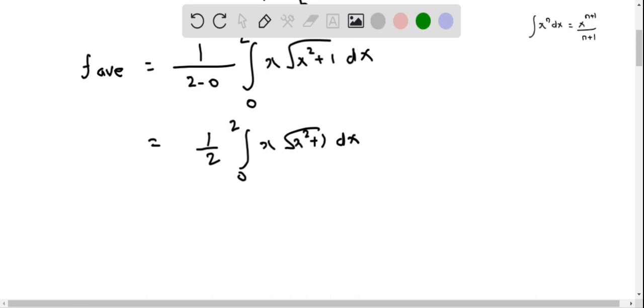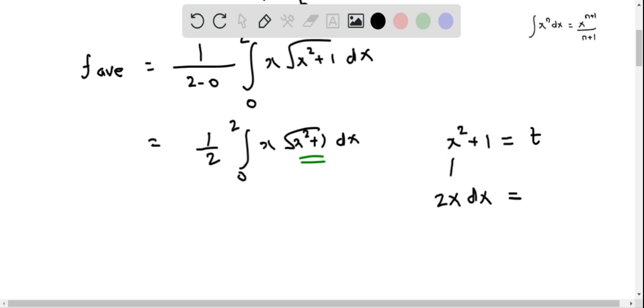That is, I'm going to substitute x squared plus 1 equals t. Let me rewrite this: x squared plus 1 equals t. Now I take differentiation on both sides. Differentiation of x squared, using the power rule, is 2x times dx, and differentiation of 1 is 0.